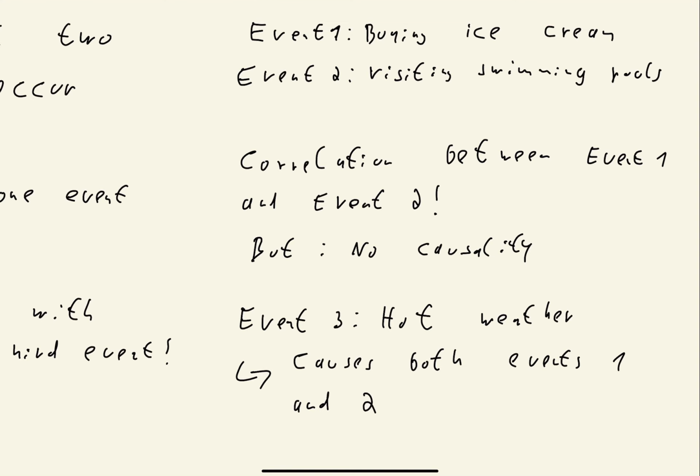The demand for ice cream tends to be very high in situations where also the demand for visiting swimming pools is very high, but those are correlated and there is no causal relationship, and both are caused by the third event, hot weather, which has an effect on both events.